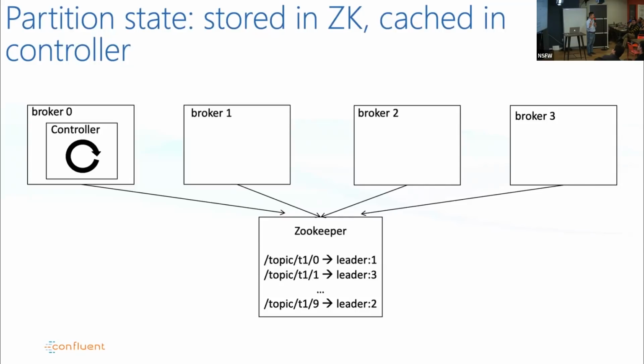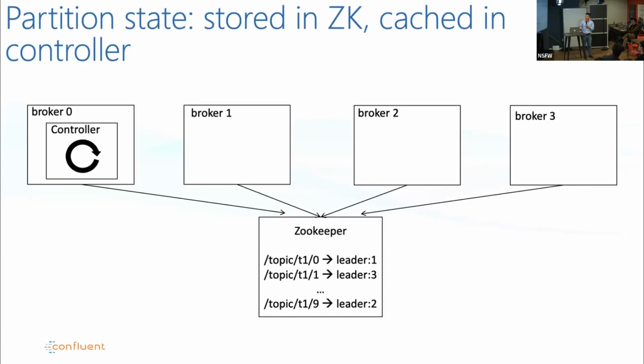So for efficiency, the controller also has an in-memory cache of the same data, in its Java heap memory in the controller broker. So that's the second thing: the controller has some state that it has to manage for the whole cluster, and this state is backed by persistent Zookeeper.